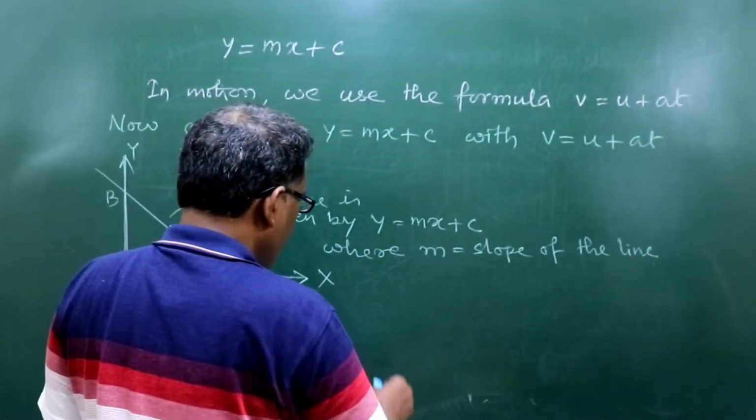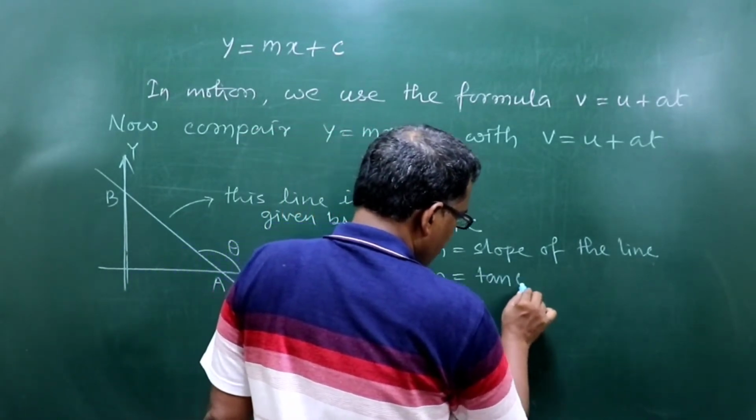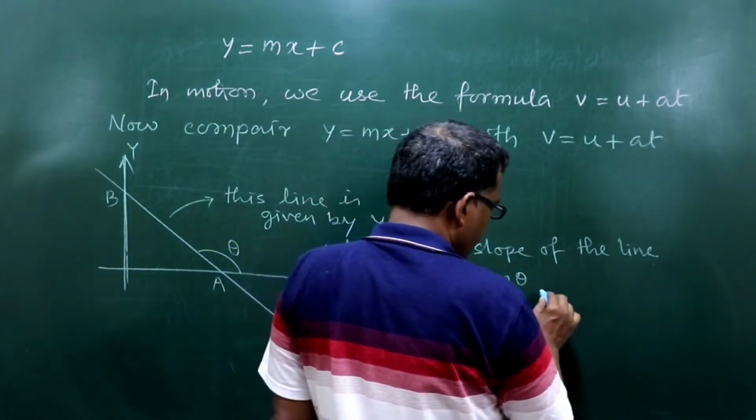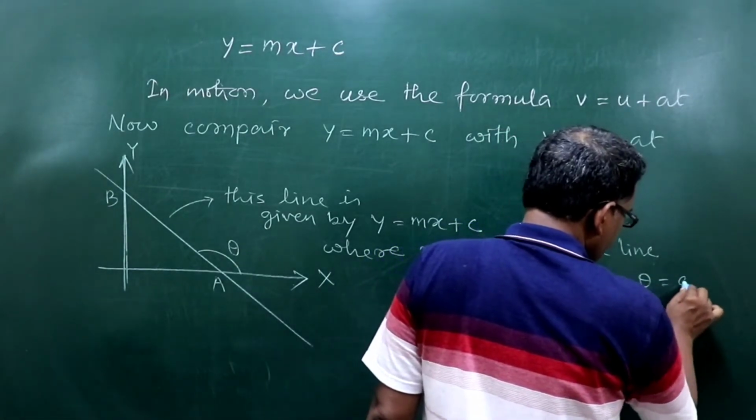The slope of the line is known by the numerical value of tan theta.